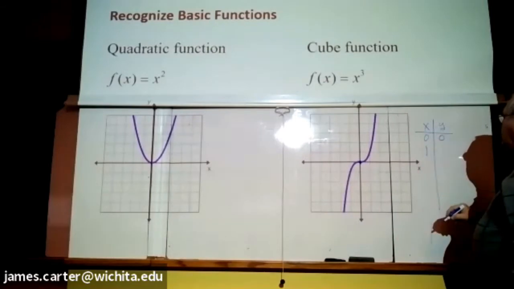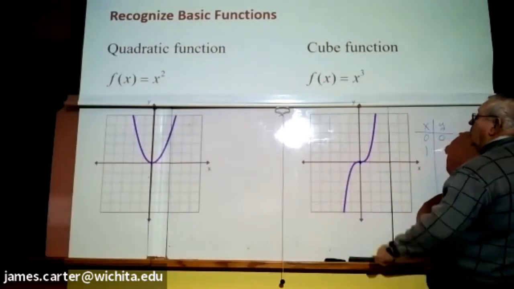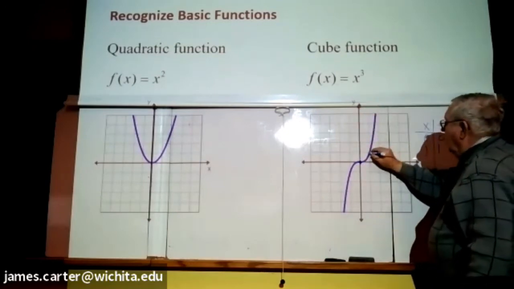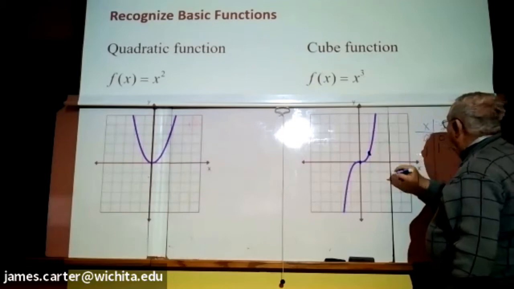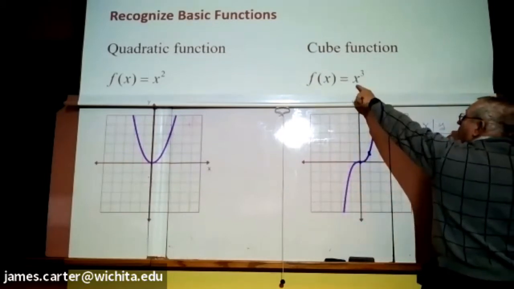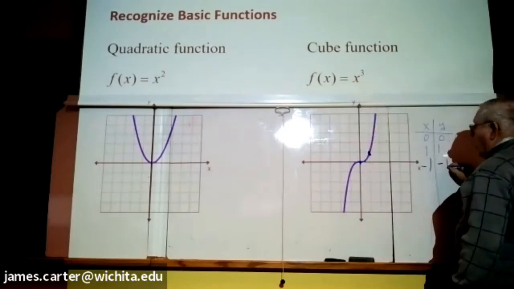If we let X equal 1, then 1 cubed is 1. If we let X be -1, -1 cubed is -1.